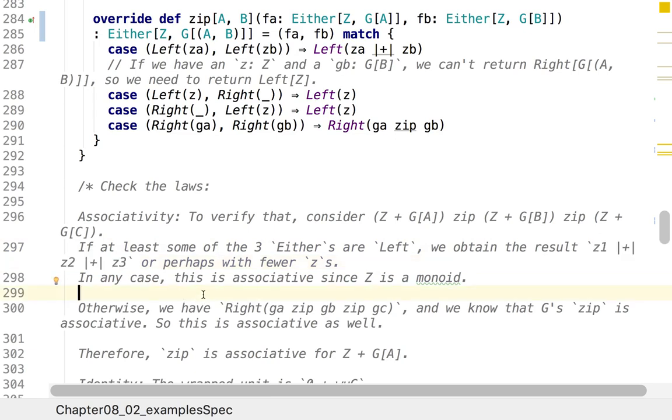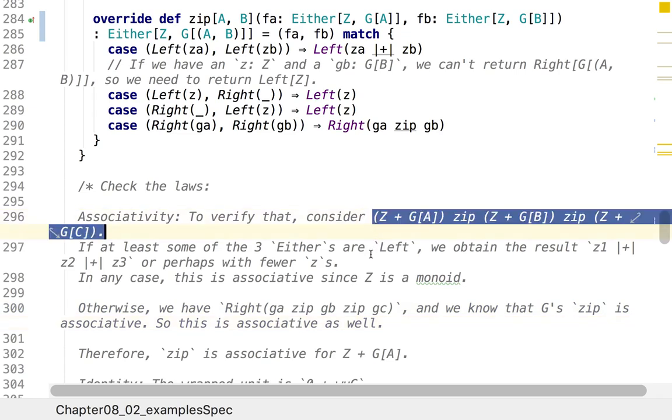Now, the other case is that we have all of these three on the right. In that case, the result is the right of the zipping of these three, which is associative, because by assumption, zip is associative in the functor G. So we have reformulated this computation in a way that is manifestly associative.